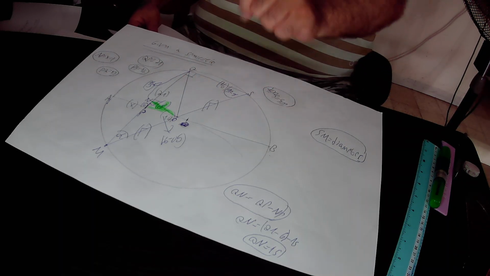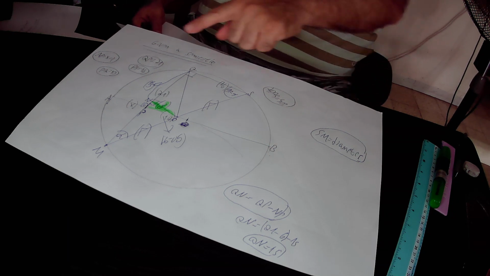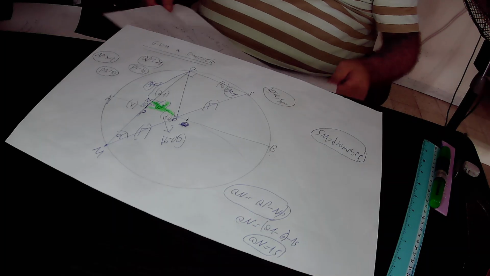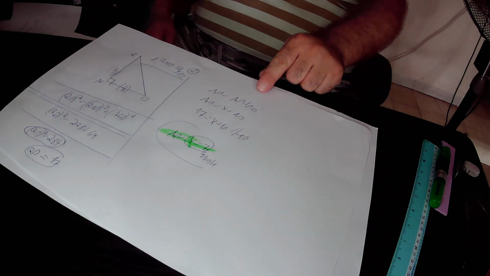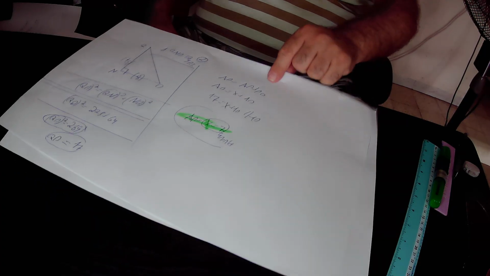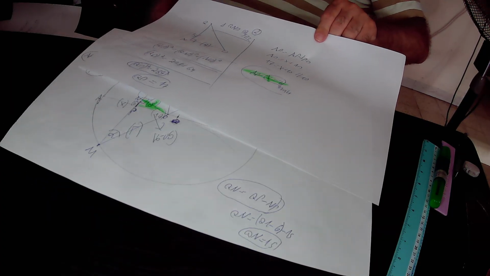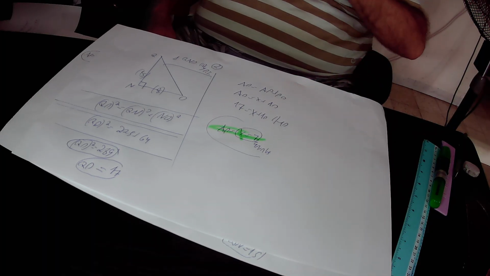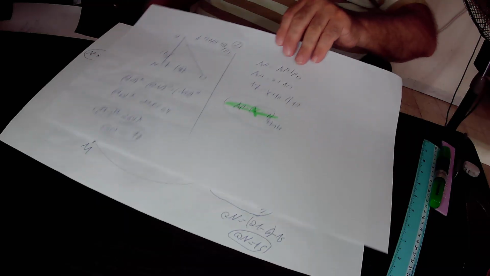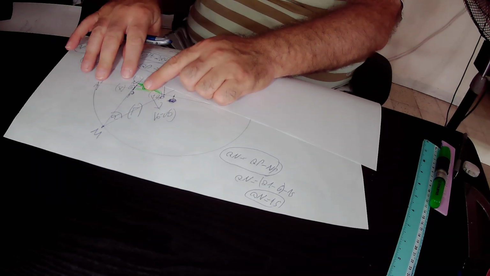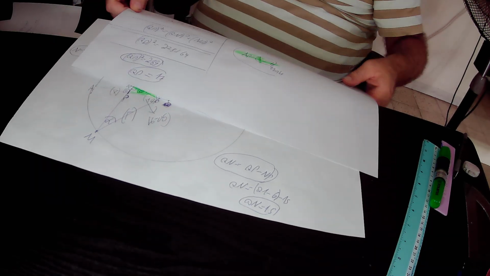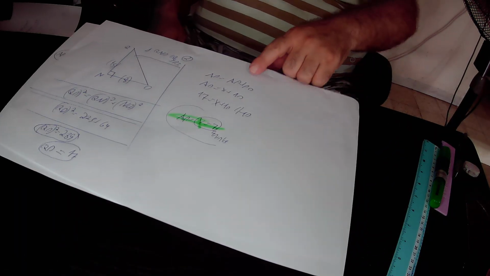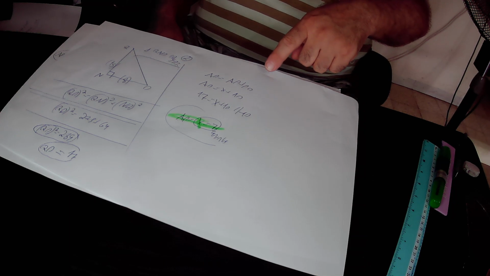AO is also the radius, that is equal to 17, but AO equals AP plus PO. AP is X, the variable that we are looking for in this question. We have to find the line segment AP that is equal to X. So AO equals AP plus PO, where AP is X and PO equals 10.